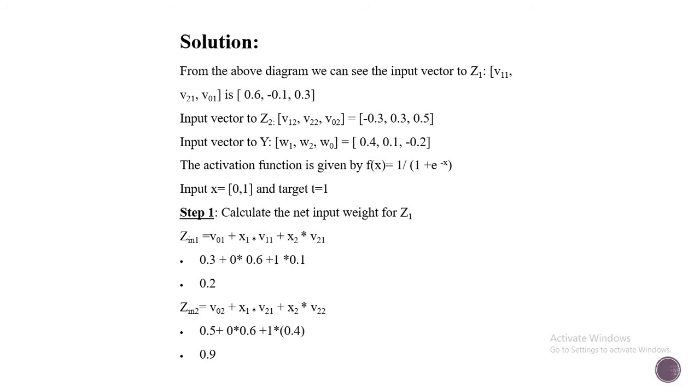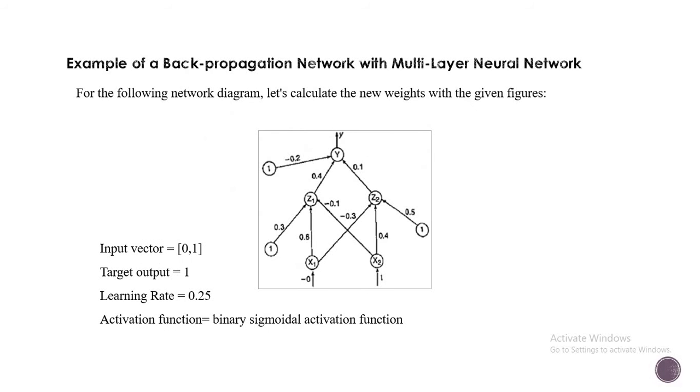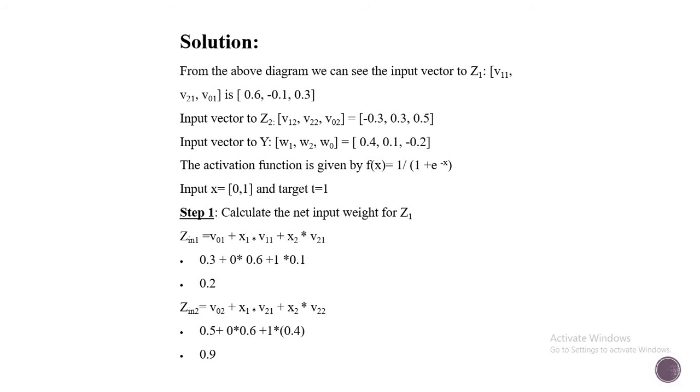And the input vector to Y, W1, W2, W0, is 0.4, 0.1 and minus 0.2. The activation function is given by f of x equal to 1 by 1 plus e to the power of minus x. The input x is equal to 0, 1 and target t is equal to 1.